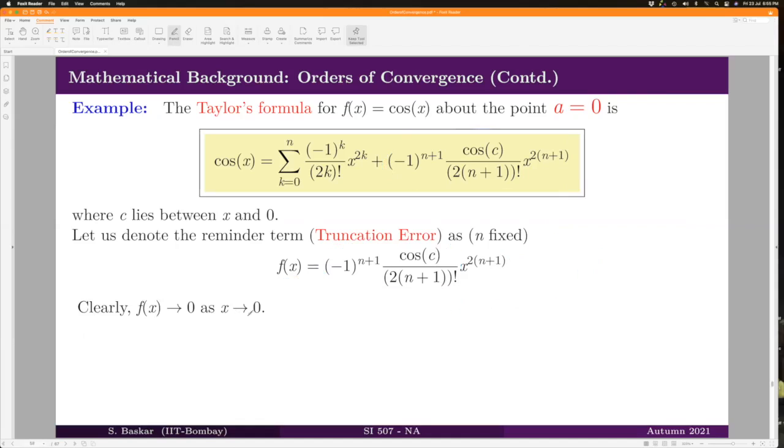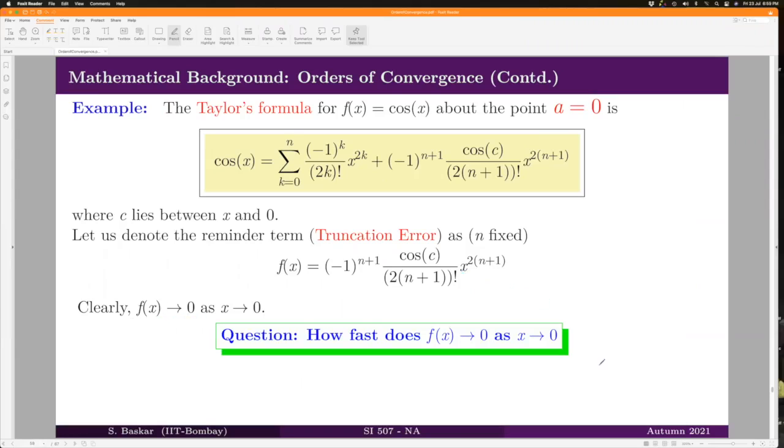As x tends to 0, you can clearly see that f of x goes to 0, because this is a constant and you have x to the power of 2n plus 1, which goes to 0. Now the question is, how fast does f of x go to 0 as x goes to 0?